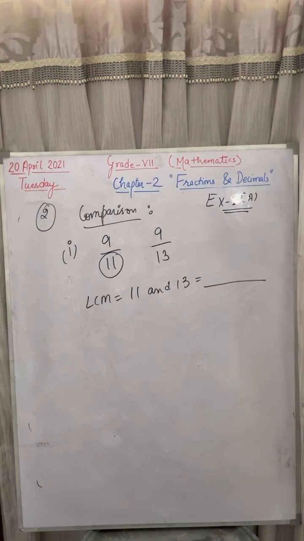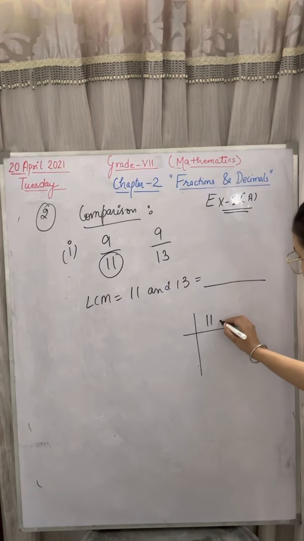Royce, 7th awesome, take out the answer. Naman, very nice. Hazel, check it once again, there is a calculation mistake. Ananya, very nice. Garv Mehta, no. Prasan, very nice. So this is the LCM of 11 and 13.